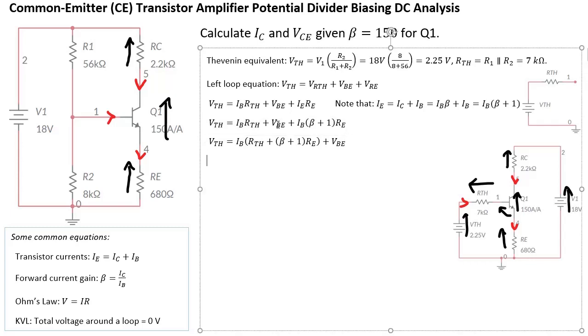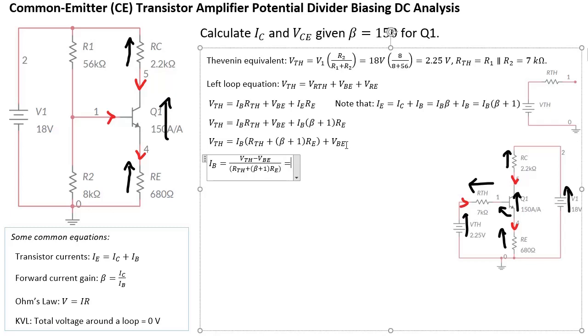So now we can write an expression for IB. IB is going to equal VTH minus VBE, all divided by this part here.